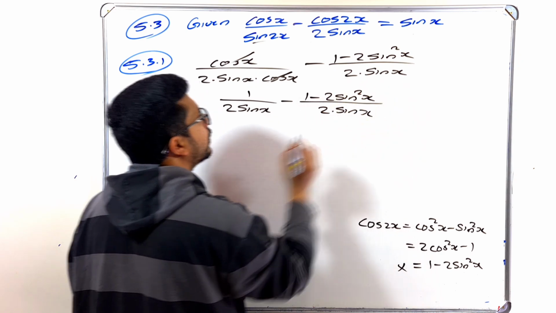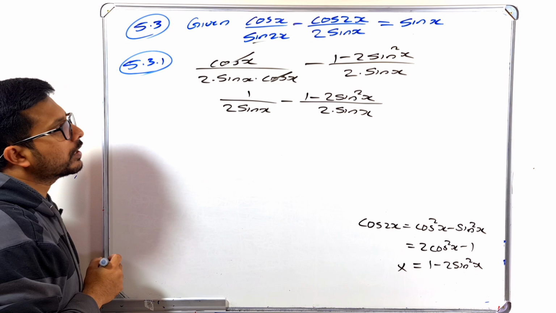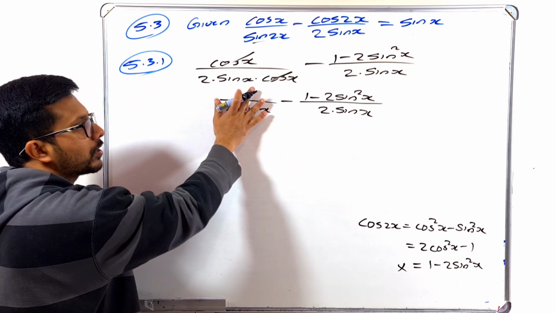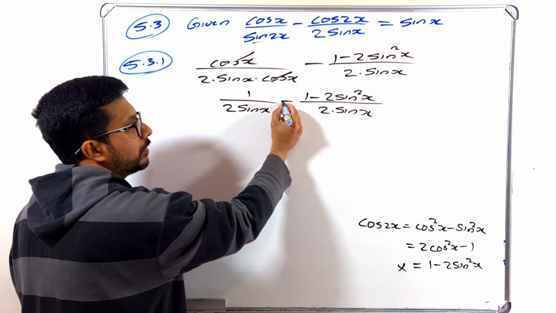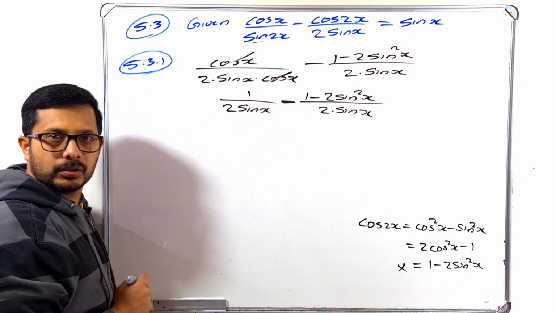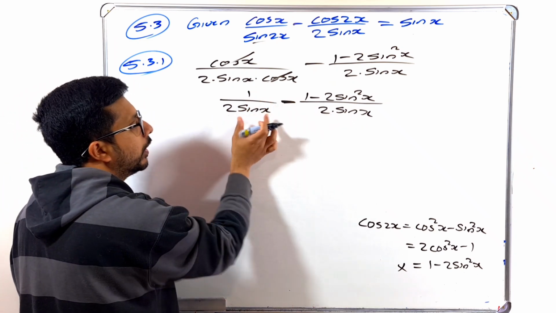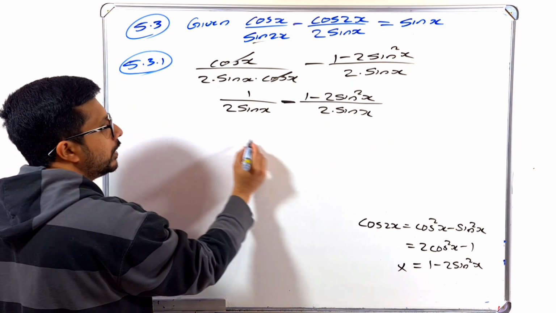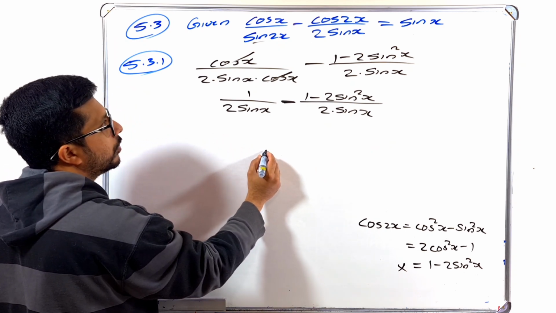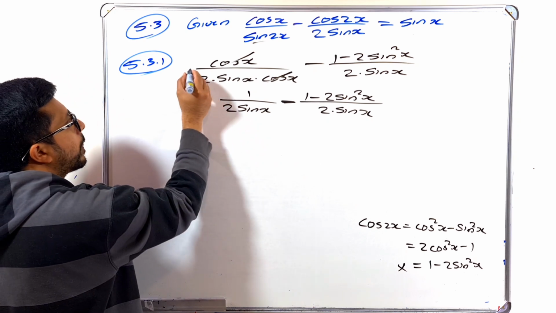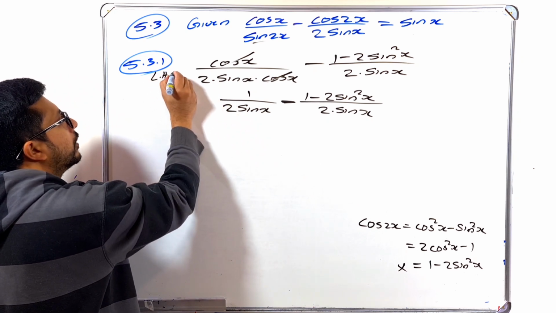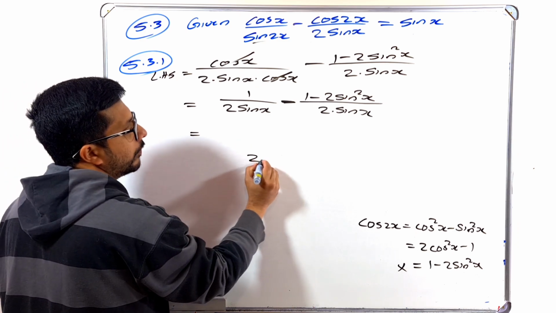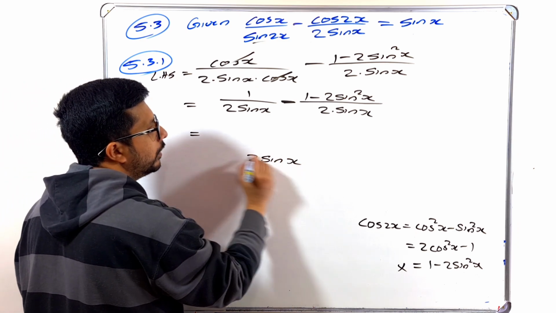So here you can see that there are 2 terms. This is the first term and this is the second term, and it is separated with a minus. So in both the 2 terms, 2 sin x is the denominator, same denominator. So it's very easy. You take the LCM. LHS is equal to, what is LCM? 2 sin x.